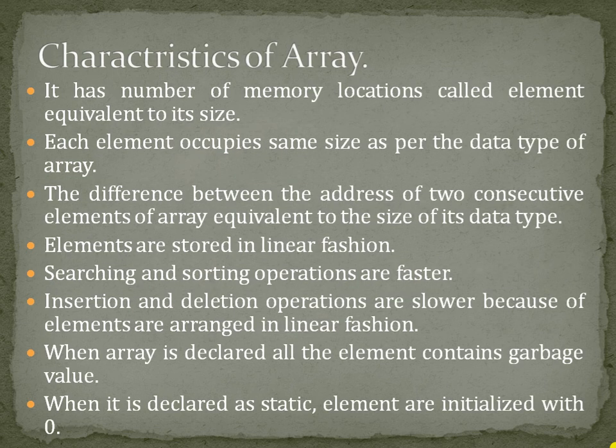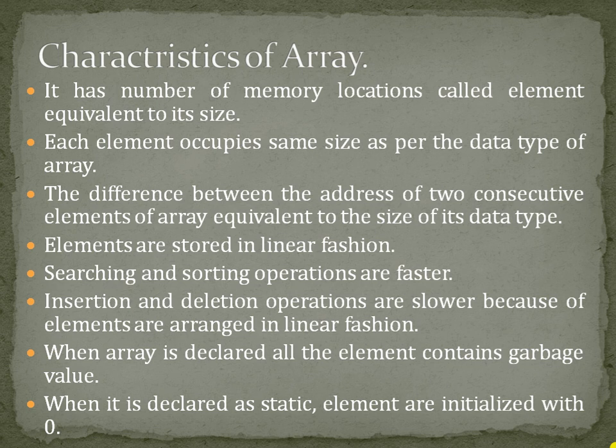Characteristics of array. It has a number of memory locations called elements equivalent to its size. If we are creating an array of integers, then we can say that the size of each element will be 2 bytes. Again, it depends upon the compiler. Each element occupies the same size as per the data type of the array.